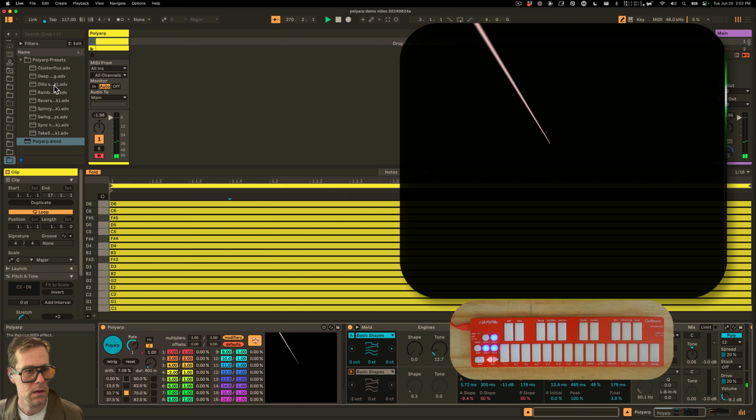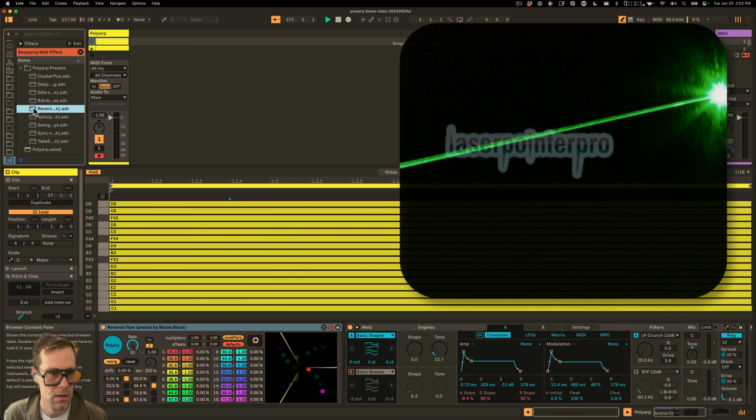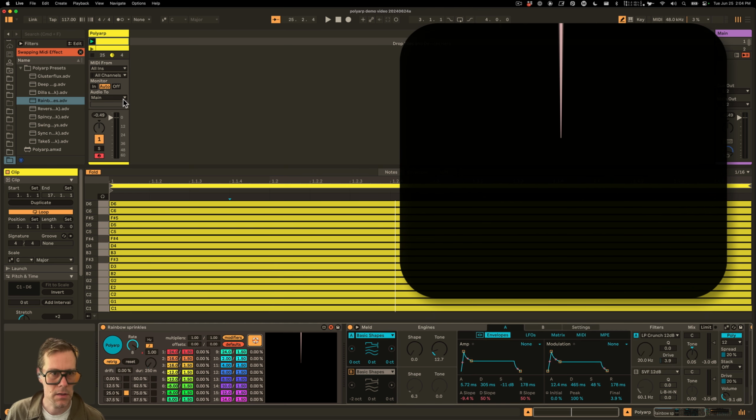And there are some presets included with Polyarp that demonstrate that in some interesting ways, like this preset.